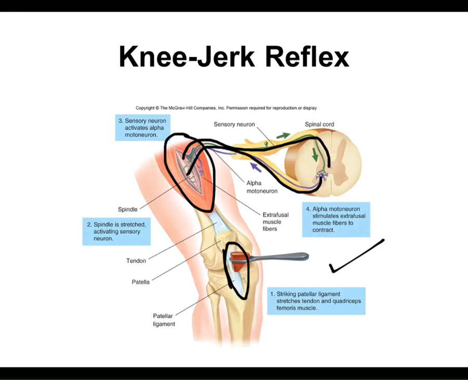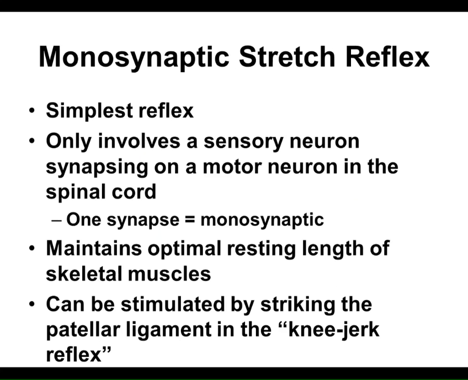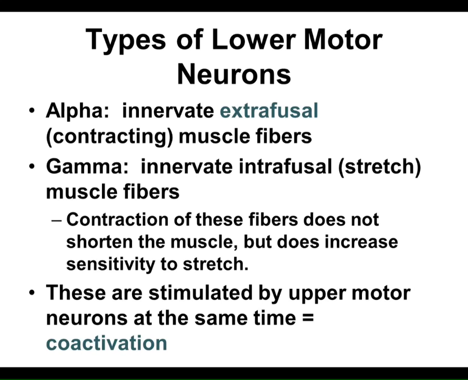Now, let me back up. I just misspoke, and I'm going to confuse somebody if I don't back up really fast, and I apologize. Alpha and gamma here are referring to muscle fibers. Okay? So remember the fibers inside were what?